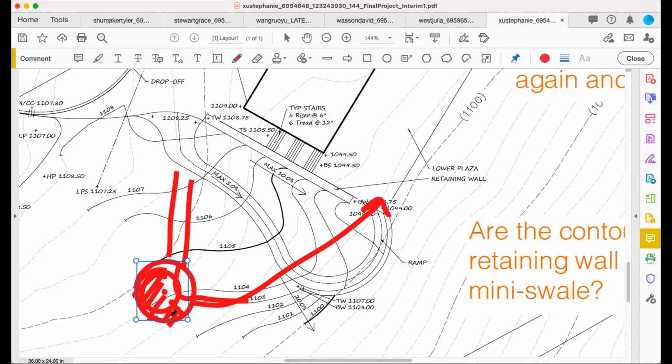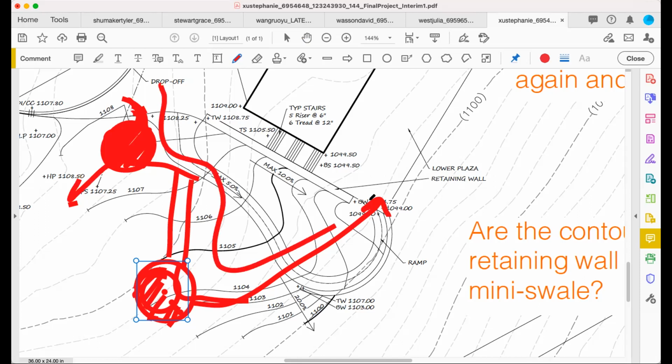Not necessarily seating. A seating area would probably be more appropriate closer to this area if you enlarge that one. If you say I have a seating area somewhere here looking over a garden of some sort, then you could also do that in the beginning.